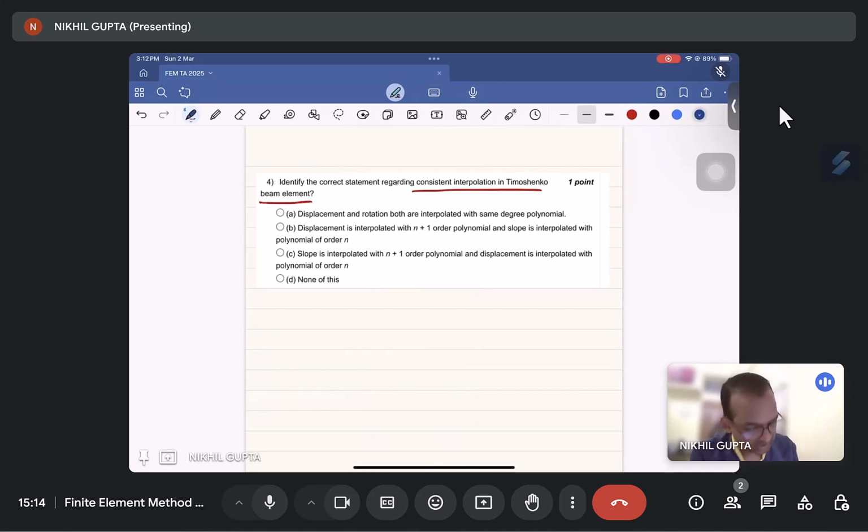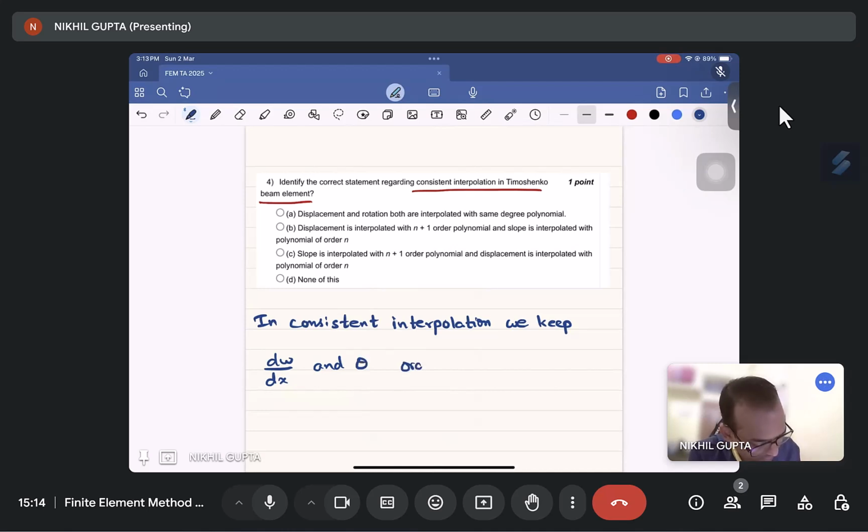In consistent interpolation, we keep dw by dx and theta order same.